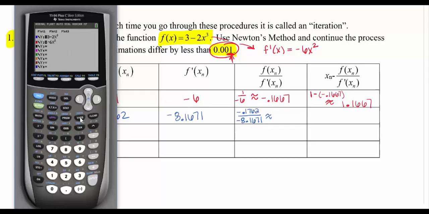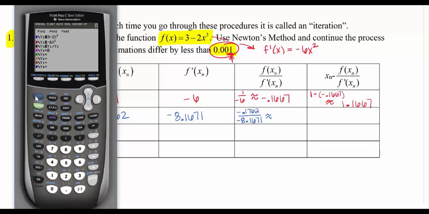So if I go vars, which is kitty corner from your arrows, go over to y-vars, function, hit enter on y1, divided by, and we'll do that again. Vars, go over to y-vars, hit enter on function, and now arrow down to y2 and hit enter. And now I have that ratio.